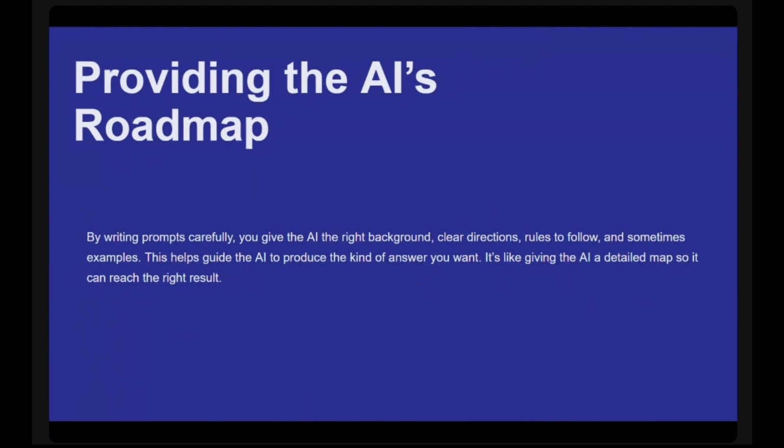So by writing prompts carefully, you give the AI the right background, clear directions, rules to follow, and sometimes examples. And by examples, if you want your LLM model to write code for you, you might have something in your mind already, like a JSON, like a Python output, something like that.